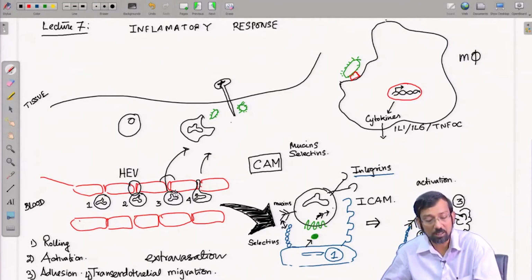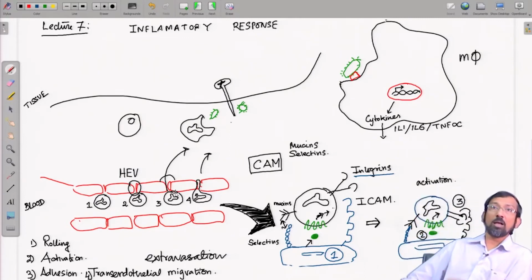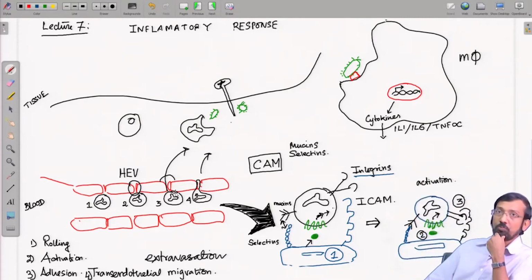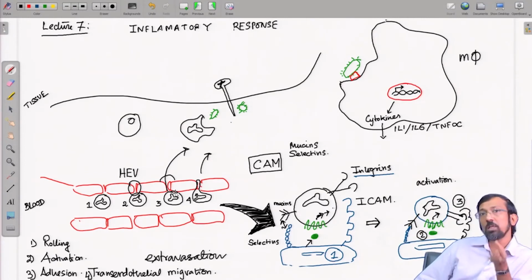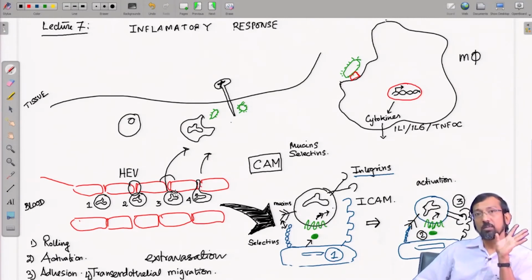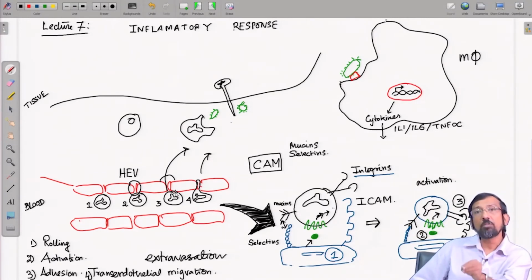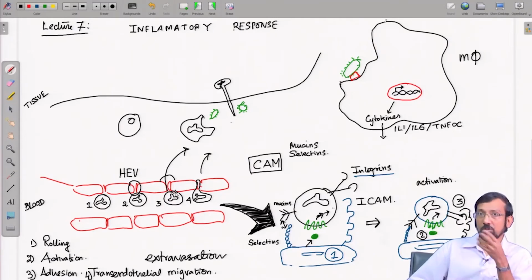That means now these cells can quickly move out of the bloodstream and go to the tissue. Now, it goes out of the bloodstream, that is fine. Now, how does it reach the site of action? It has to reach the site of action also.